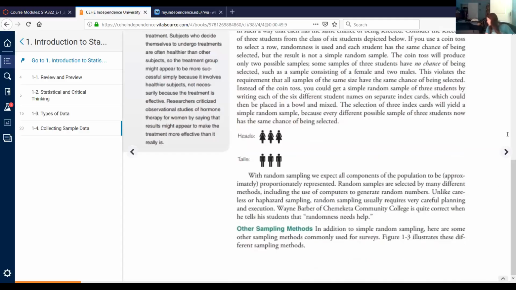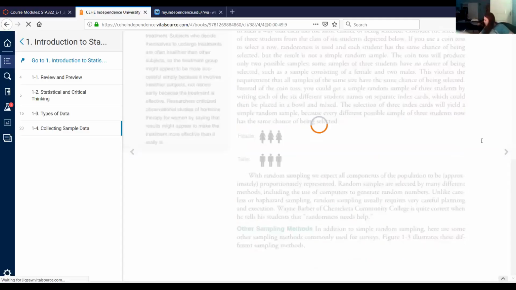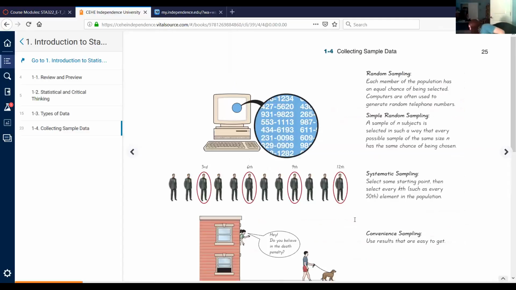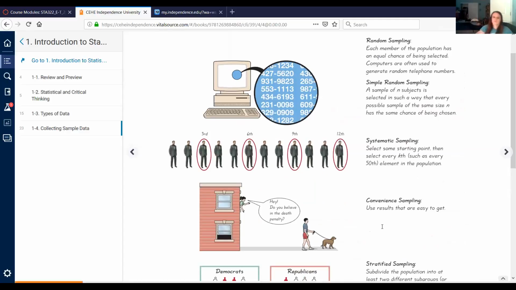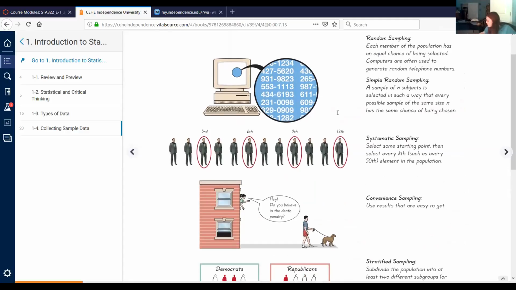So we'll look at some other sampling methods. We have some computer programs that are often used to generate random things like mailing addresses and telephone numbers, and that can be used to choose people to participate.